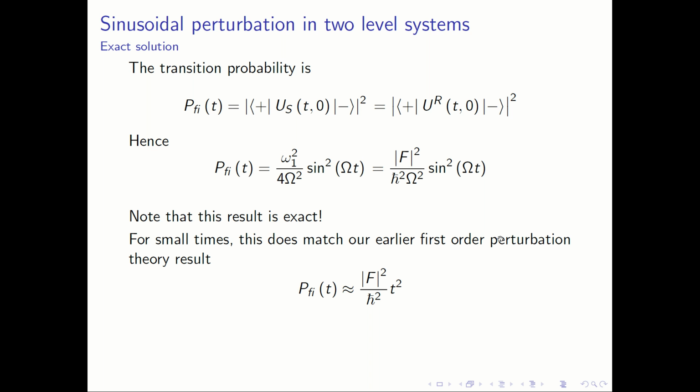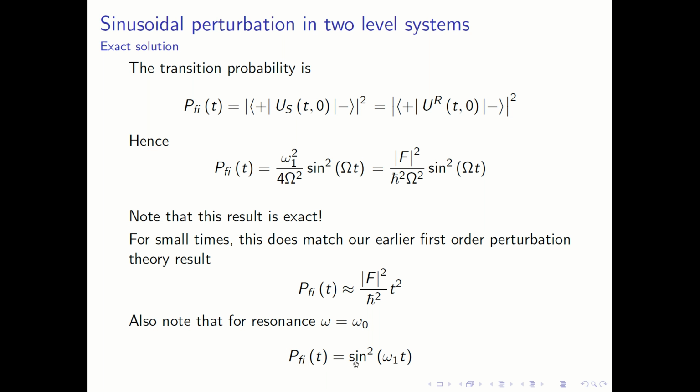And of special interest is the case when you have resonance, that is when omega 0 equals omega, that is, the rate at which the system is rotating, the magnetic field is rotating, exactly matches the energy gap between the two levels. Then what happens is capital omega is exactly equal to omega 1 by 2, and now this is what you are going to get.